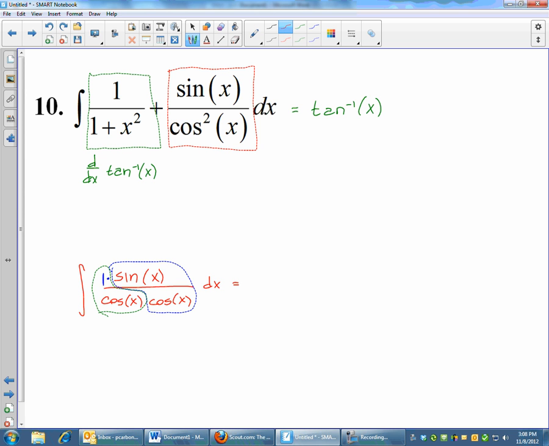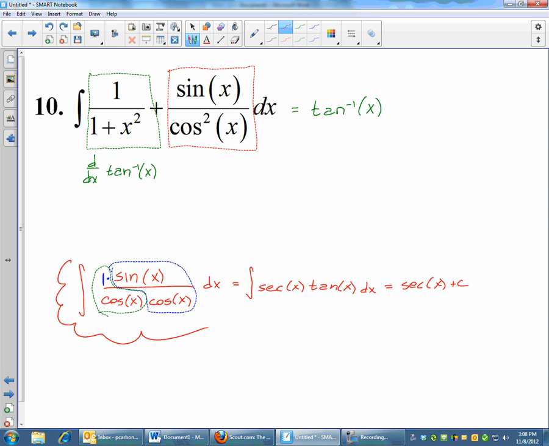So I can turn this into the antiderivative of secant x tangent x. And that, my friends, is a beautiful antiderivative because I recognize that. I know that secant tangent is the derivative of secant x.